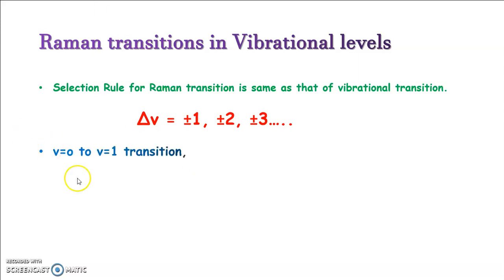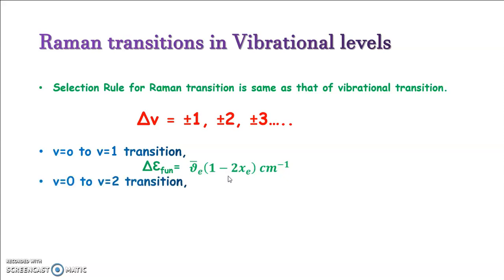Thus, for the transition from v equal to 0 to v equal to 1, we always have the fundamental band, the fundamental frequency, which is nu bar e times (1 minus 2 chi e) centimeter inverse.